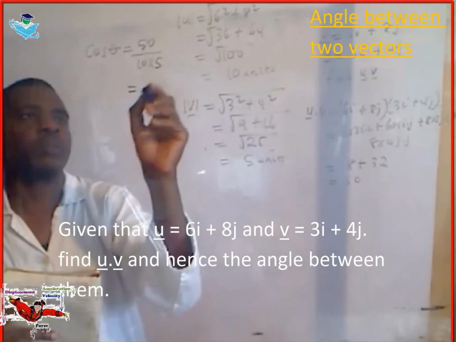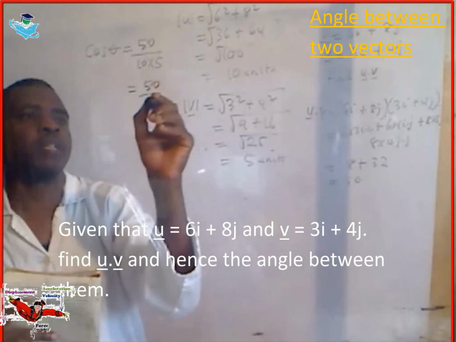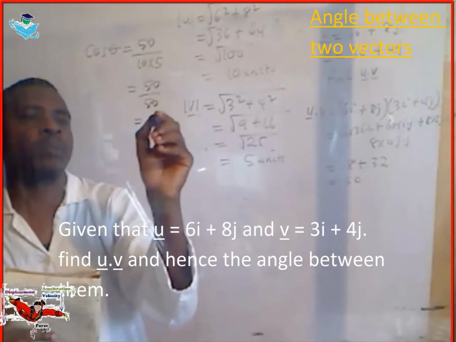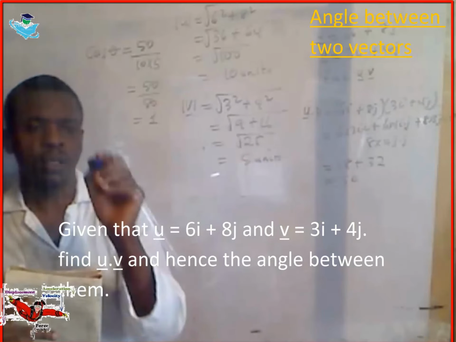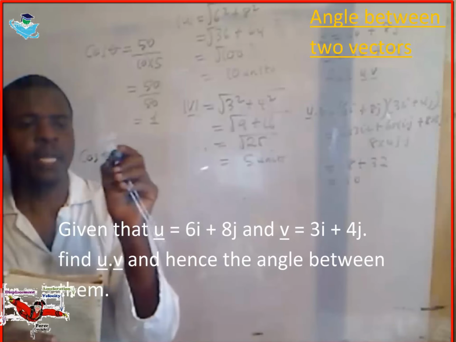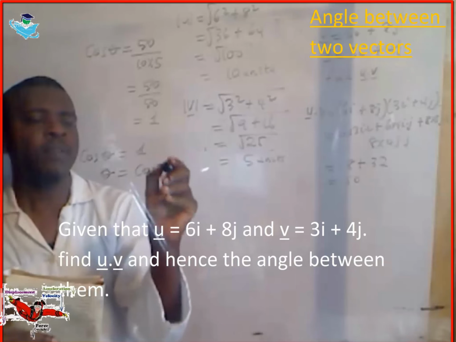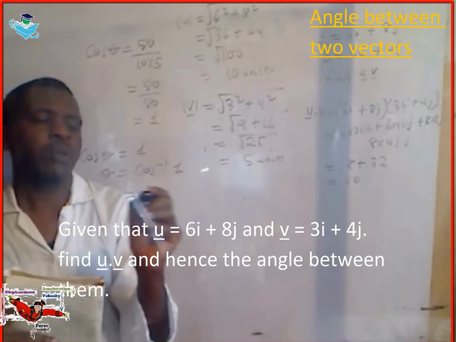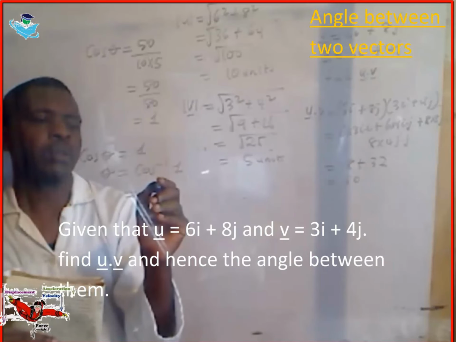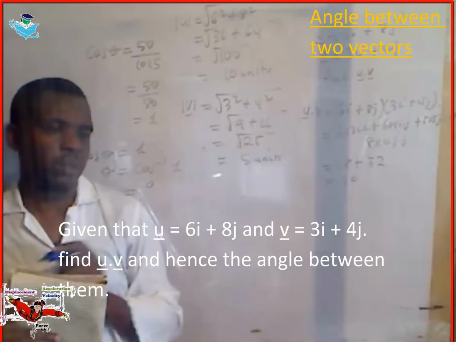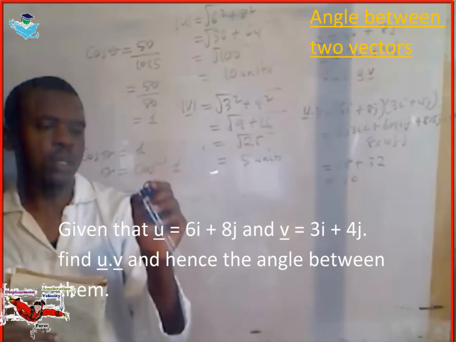This is equal to 50 divided by 50, equal to 1. So now cos theta is equal to 1, theta is equal to cos inverse of 1, which is equal to 0 degrees.